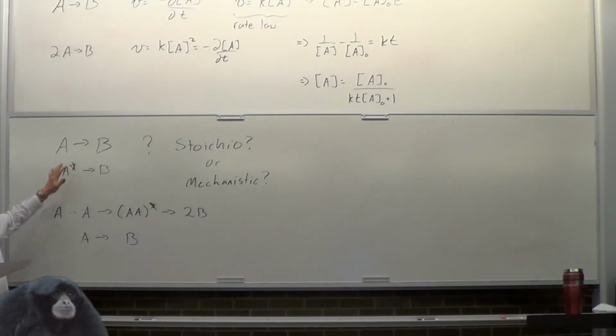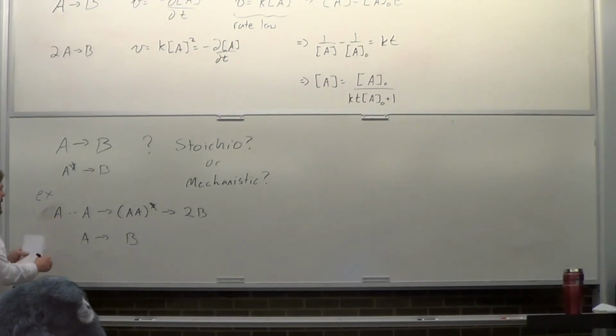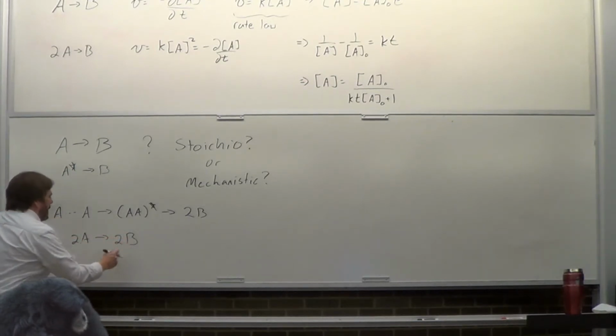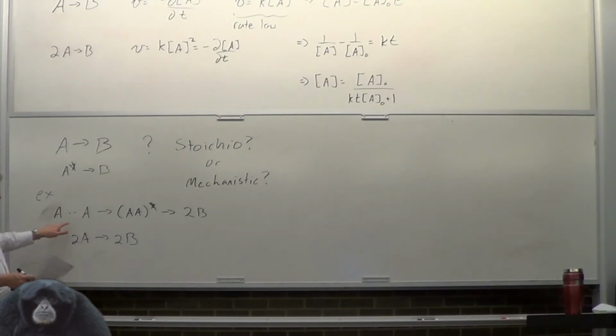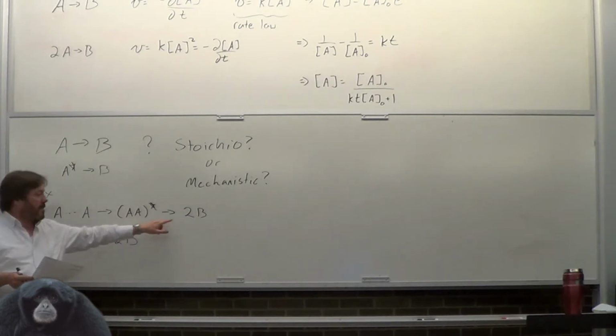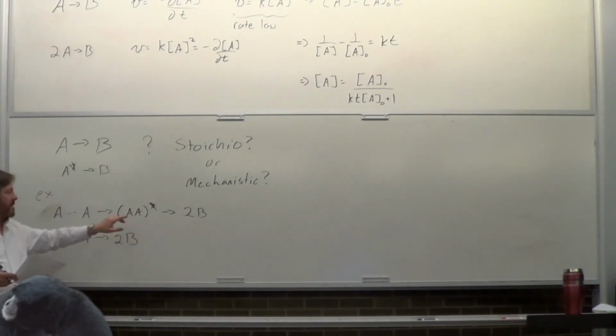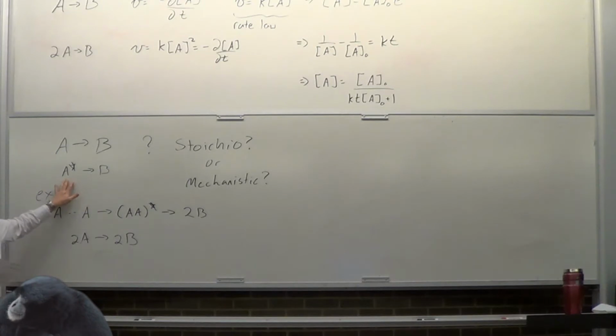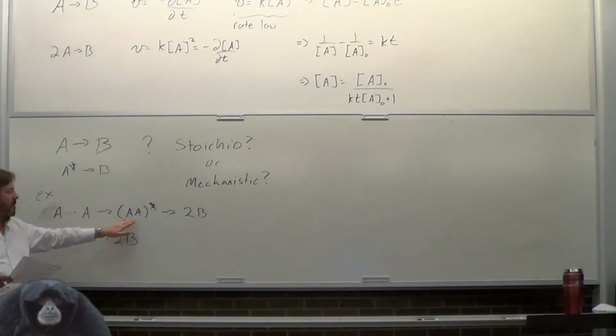Okay, stoichiometric and mechanistic. If instead there's this guy, here's the mechanism. Two of these guys have to get together, and there has to be a flow of energy into it, and they make two B's. Now this is fundamentally different. One can do what it needs to do all by itself, but in this case that's not true. They have completely different mechanisms.